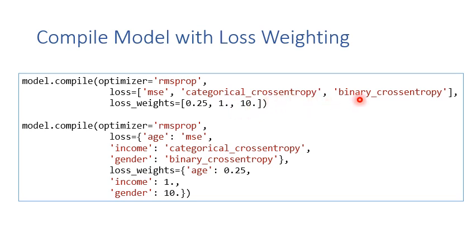Suppose we think the gender classification is the most important in our application. We can assign a high weight to the binary cross entropy, right? We give it 10. And the second most important one is the income classification, so we give weight 1 to the income classification. And the age prediction is less important, so we give just 0.25.